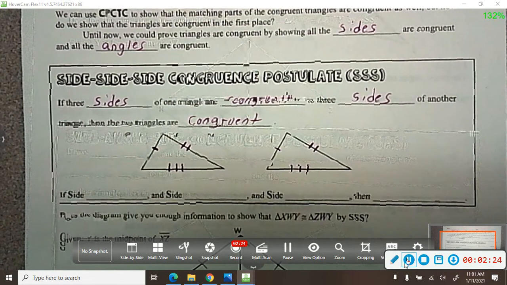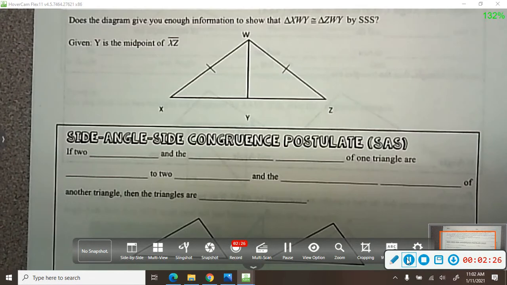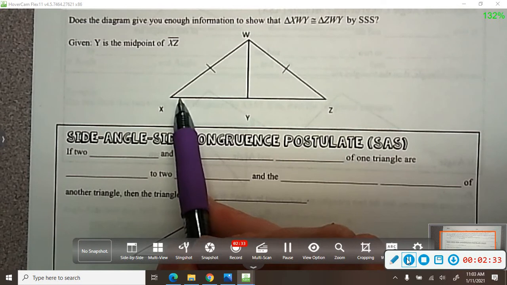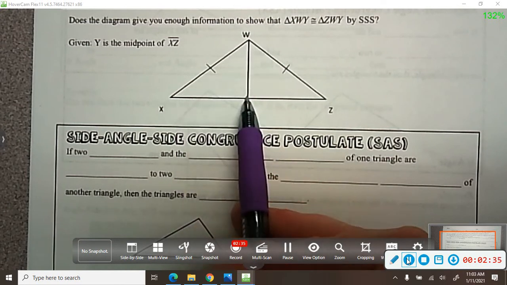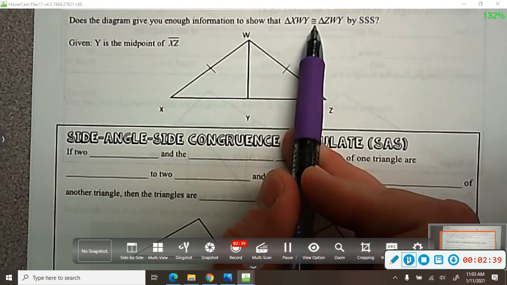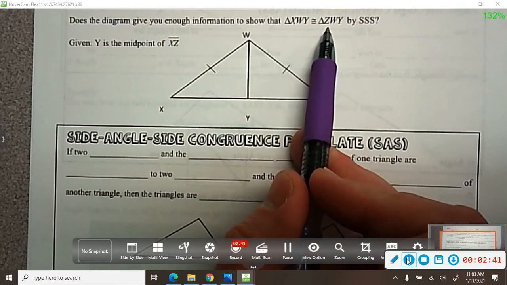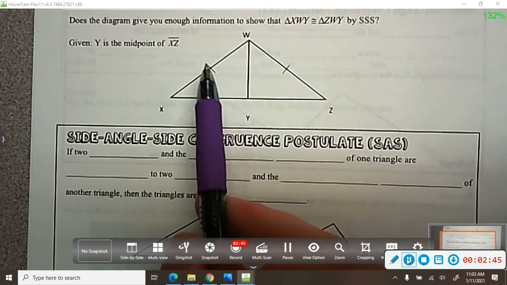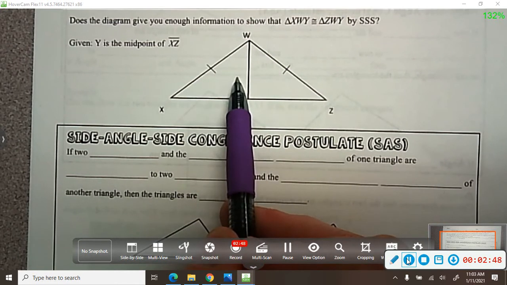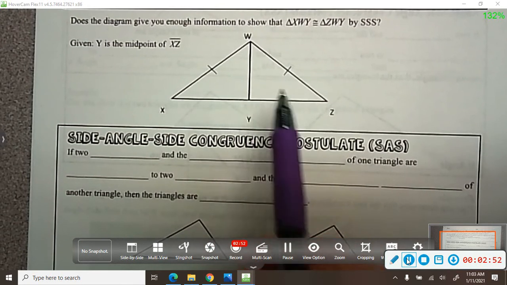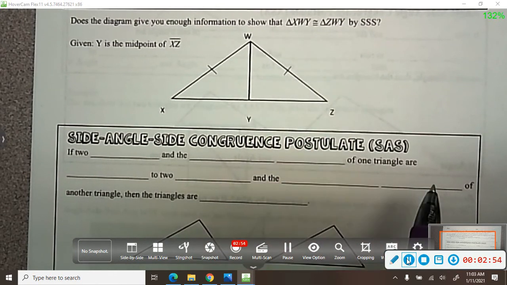So now let's look at this diagram, and we're going to determine, is triangle XWY, the triangle on the left, congruent, that's what that symbol means, to triangle ZWY? In other words, is this triangle the same size and shape as this triangle? And can we prove it by SSS?